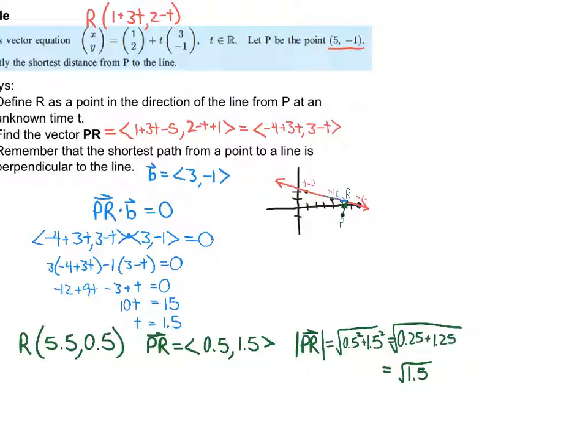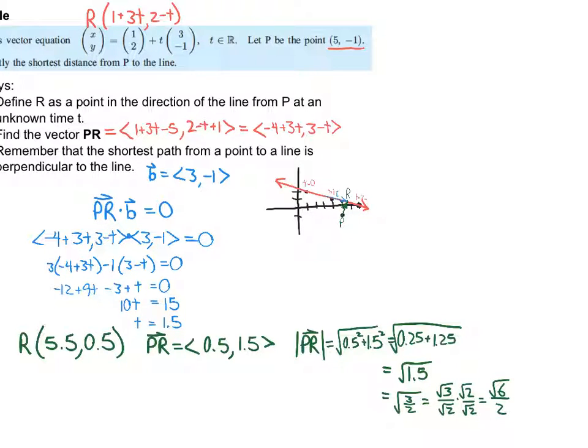Okay? If you want to get that exactly, it's the square root of 3/2, which is the square root of 3 over square root of 2. So I multiply by root 2 over root 2, and I get root 6 over 2.